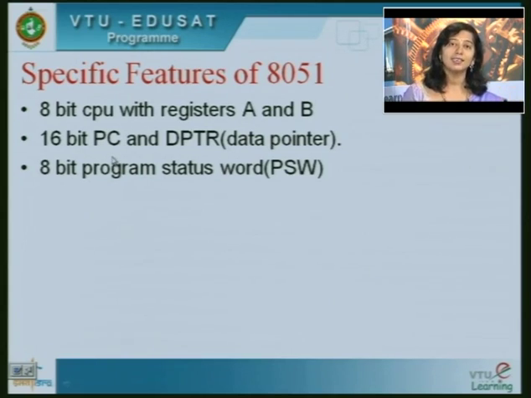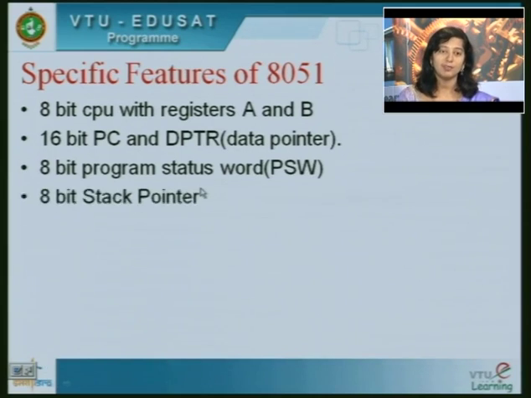Flags are set or reset depending on certain arithmetic or logical operations. So, after addition, if there is a carry, carry flag can be set. If there is an overflow, overflow flag can be set, and so on. So, these flags decide the result of certain operations, and it is stored in this PSW or program status word.